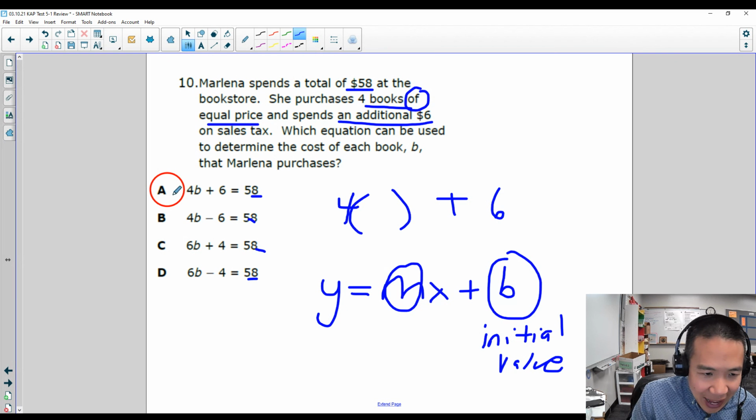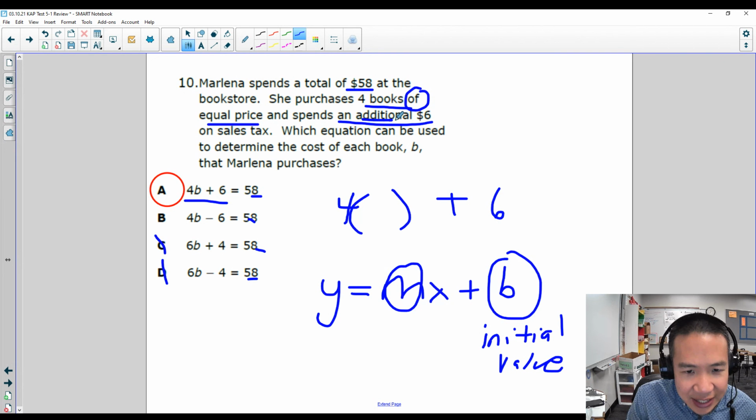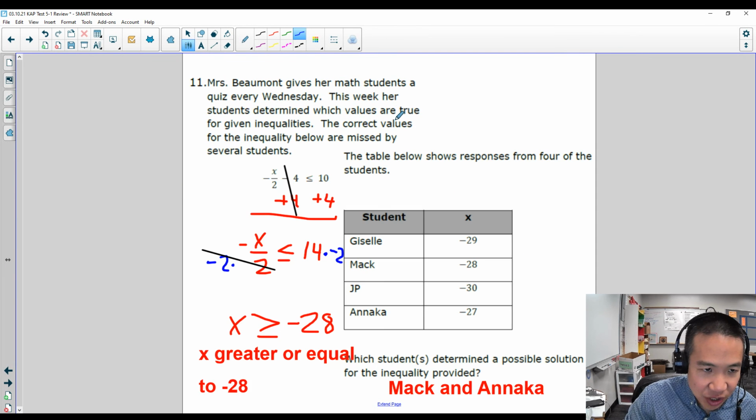So A is the best answer choice, because this is all the amount of money she spent, which is $58. Some of you may say, but why isn't it B? Because when you're paying an additional extra on taxes, that's addition.